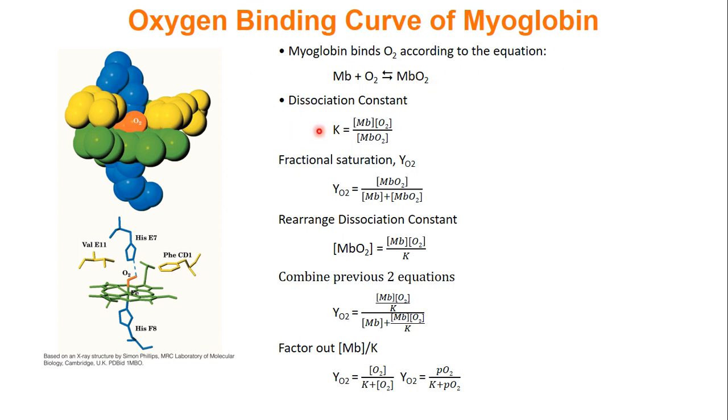We say the dissociation constant, that is how much myoglobin will be free and how much will be bound, is equal to the free myoglobin multiplied by oxygen divided by the myoglobin oxygen compound.